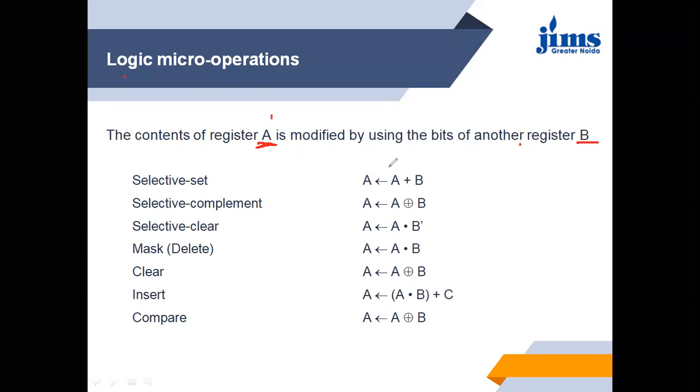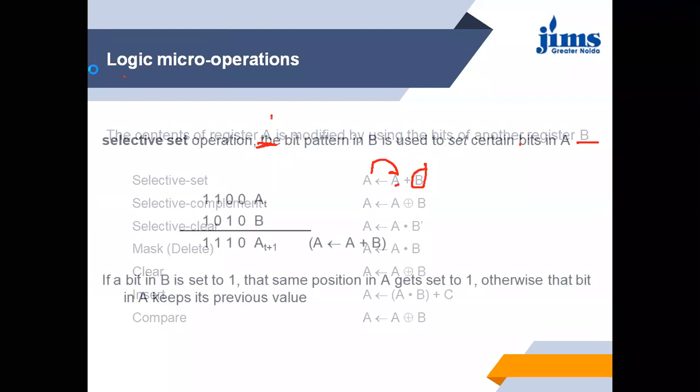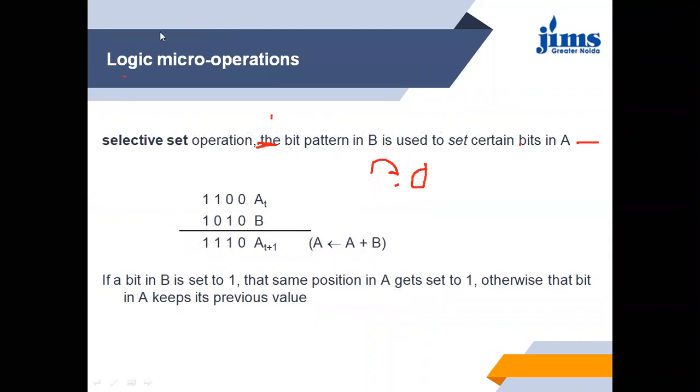In selective operations, whatever the value of A, we perform some bitwise operation using B, and the bits not selected remain the same as earlier. Let us see the examples. It will be clearer with examples.